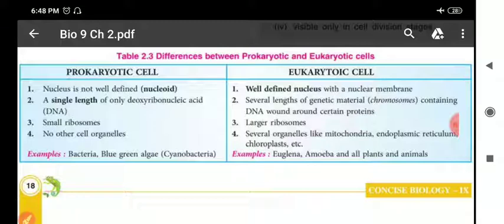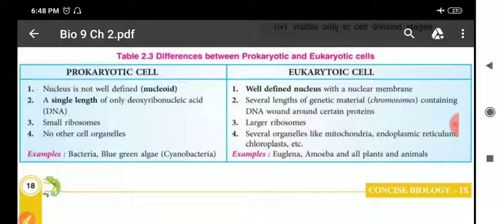See once more. Prokaryotic cell does not have a well defined nucleus. Eukaryotic has a well defined nucleus. Prokaryotic cell, second point, a single length of DNA is present, and here several lengths of DNA are present. Prokaryotic cell has small ribosomes.